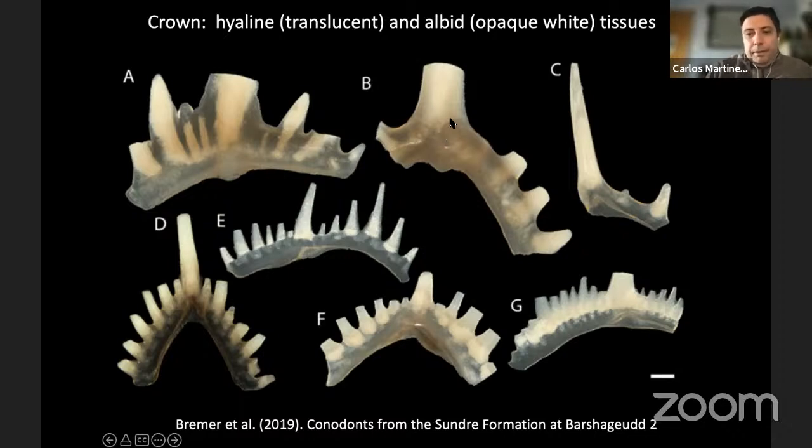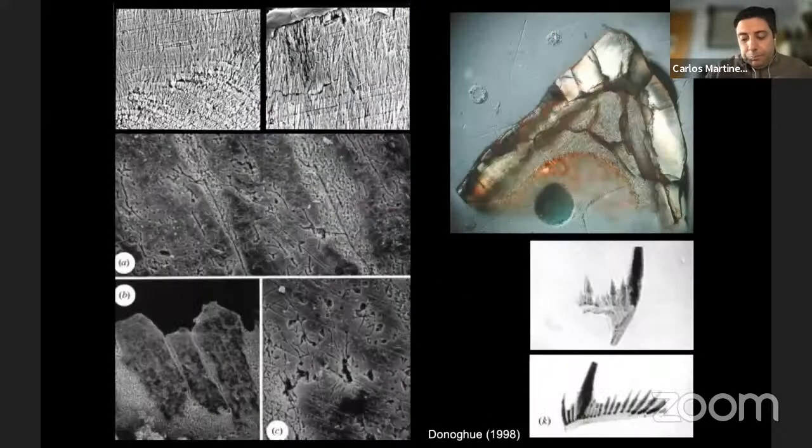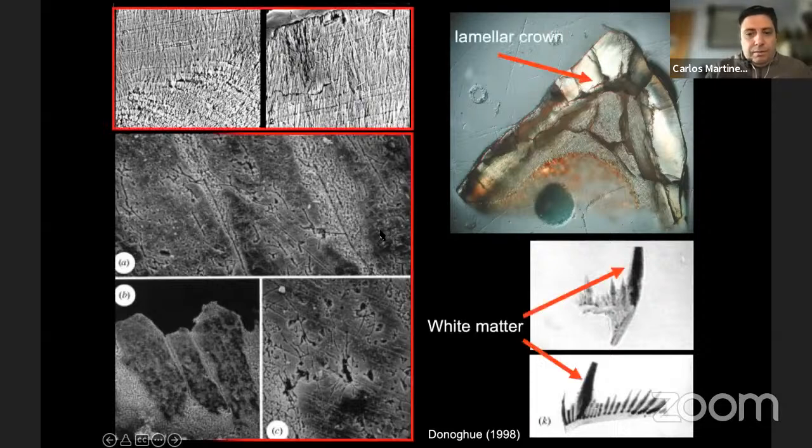And why? Because this tissue is specific for conodonts, as we can see when we do histology. It is completely different to the enamel-like tissue that we find in the crown, which is characterized by growth lines and prismatic apatite growing, very similar to enamel in vertebrates. In this white matter tissue, it is very difficult to see growth lines; it is very massive, apparently, and is always characterized by porosity or voids in the tissue.